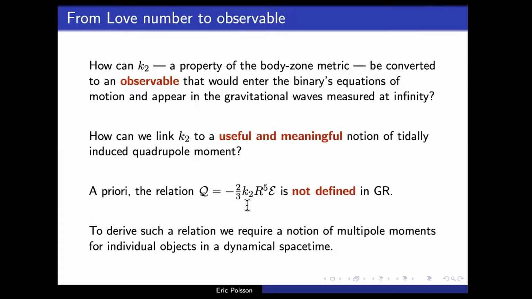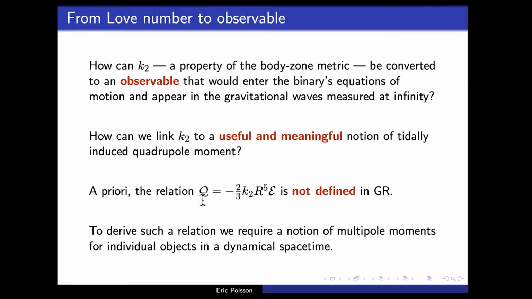Why not continue to apply this to GR? And the answer is something that Beatrice talked about in her talk. The answer comes from the fact that even though Love numbers can be defined properly and rigorously in GR, at least in this context, individual tidally induced multipole moments for bodies in a binary system are not defined in GR.